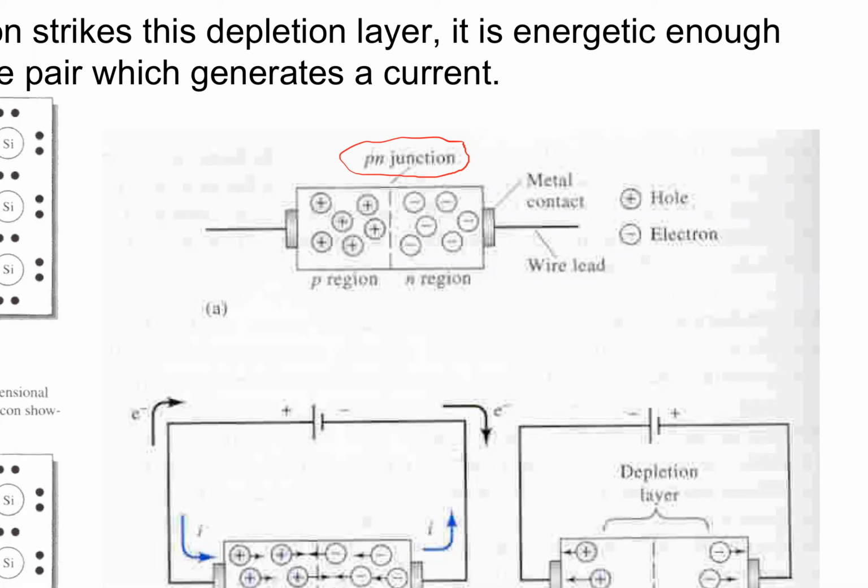Now, the P material, remember, has excess holes, and the N material has excess electrons. So right here at this region between the two types of materials, you can have an interesting thing occur.